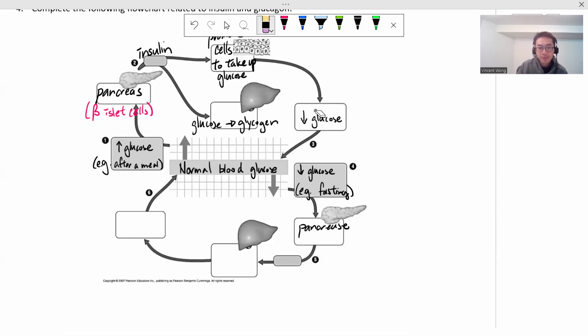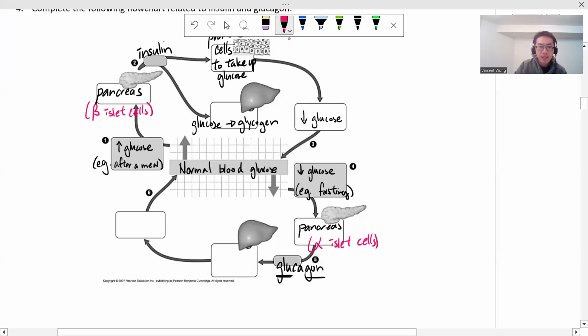But this time, there is another group of cells called the alpha islet cells. Alpha. And they are going to release glucagon. Right? When glucose is gone, you need glucagon to bring it back up.